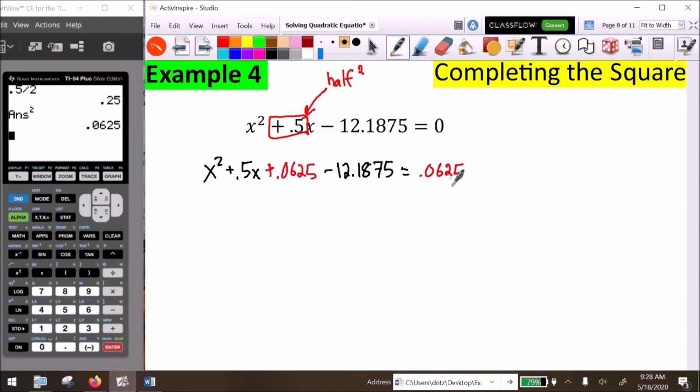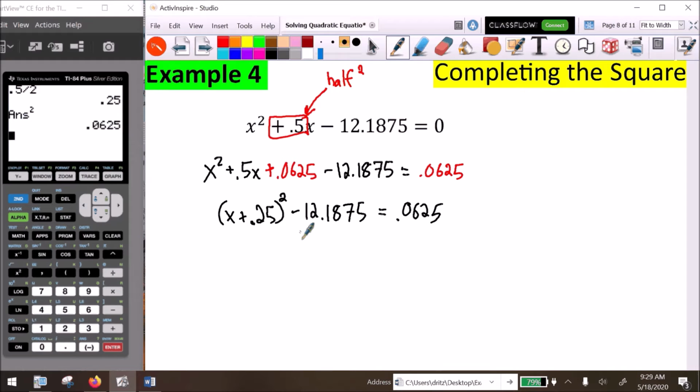All right, so we just constructed what's called a perfect square trinomial. This x squared plus 0.5x plus 0.0625 is a perfect square trinomial, and that can be factored as x plus the square root of 0.0625, which is 0.25, so (x plus 0.25) squared. So we have the quantity x plus 0.25 squared minus 12.1875 is equal to 0.0625.